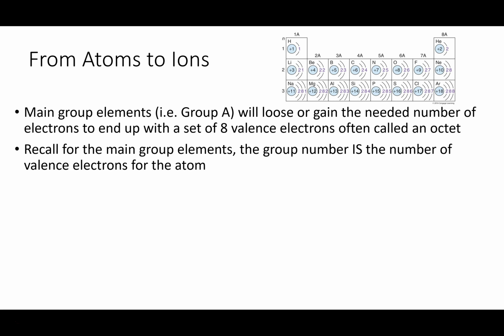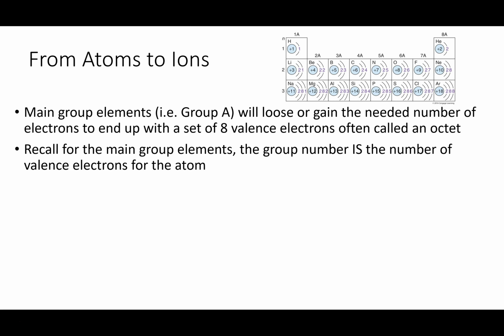Again, we talked about different parts of the periodic table, and the A groups are called main group elements, sometimes called representative elements. That's all I'm talking about right now. I'm not talking about the B, the transition elements, or the inner transition elements.